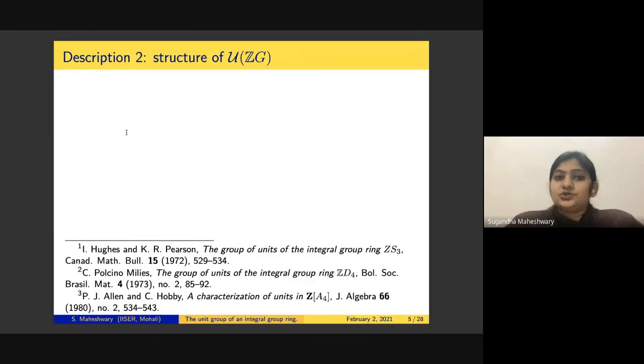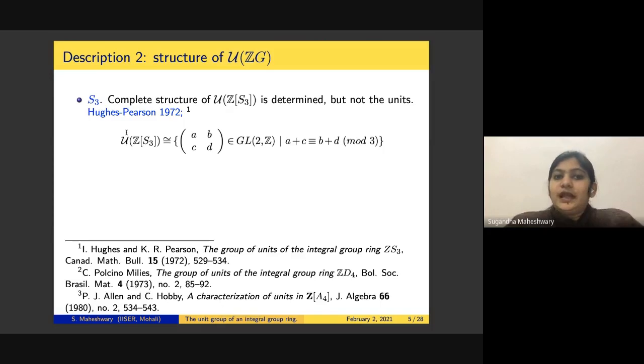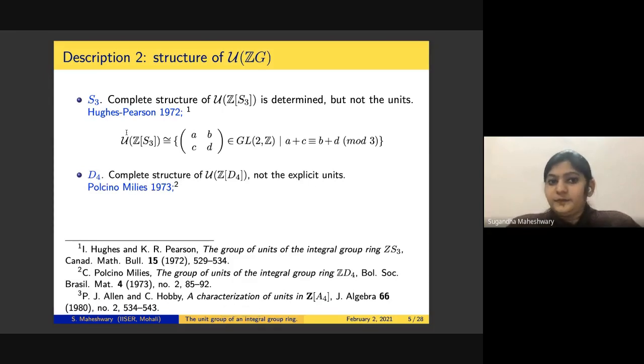The other thing is to understand the structure of U(ZG). Can we describe what this unit group is, given a group G? What is the structure of this group ring? There have been answers for some particular cases. For example, if you look at the symmetric group of order 3, this is seen as a subgroup of GL2(Z) satisfying some conditions. Similar work has also been done for D4, where again the unit group is seen as a subgroup of GL2(Z).